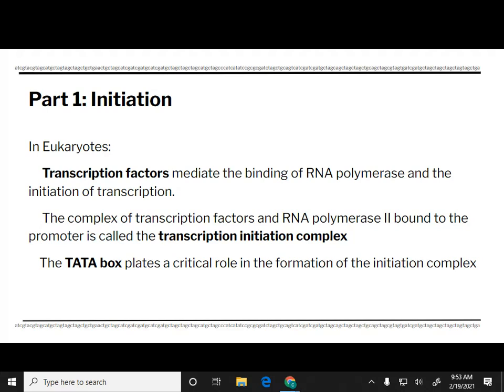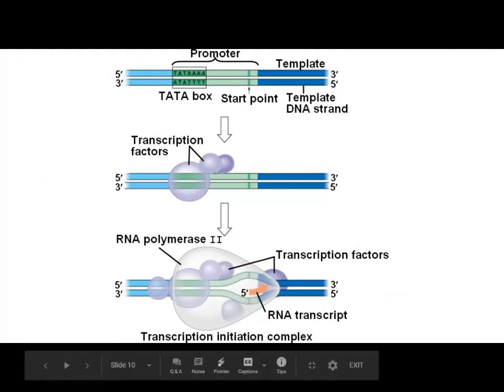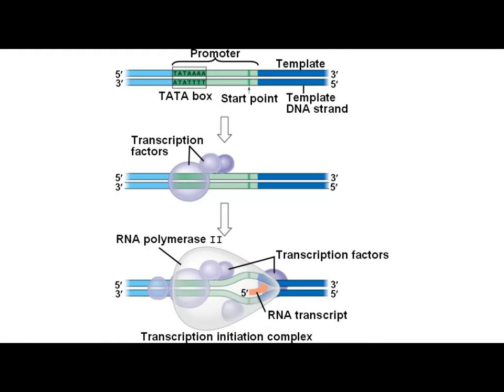This is kind of what it looks like. We have a strand of DNA, right? We have a template DNA strand. Our promoter is in green. Our start point is marked right here, and we have our TATA box.